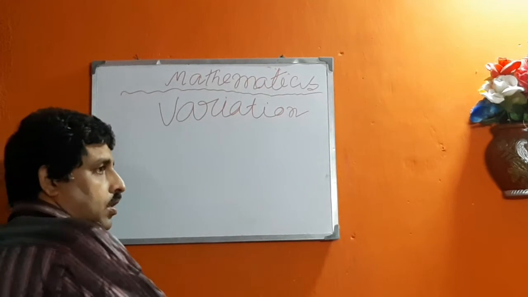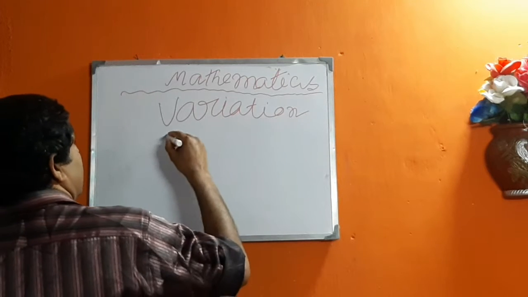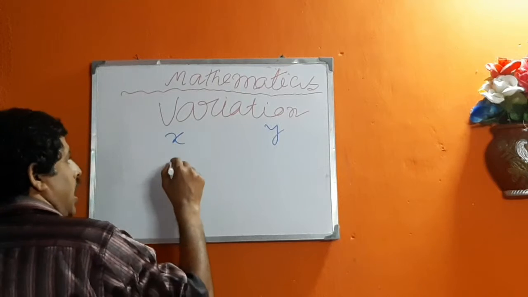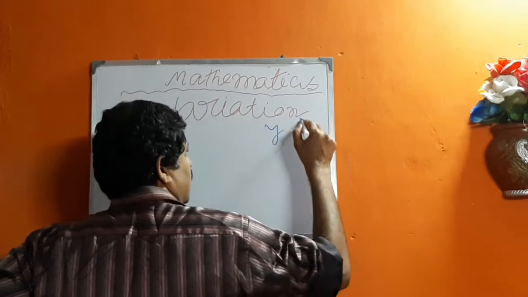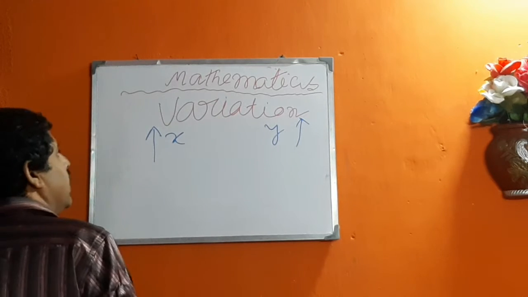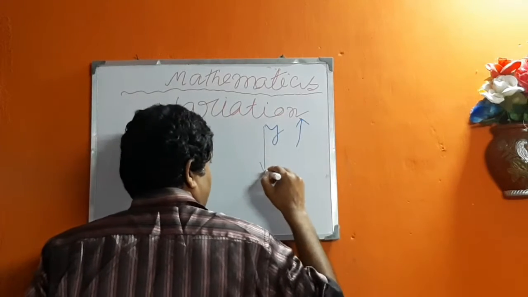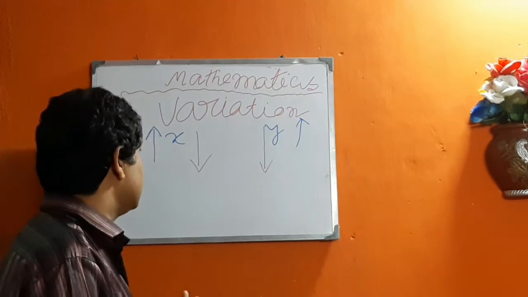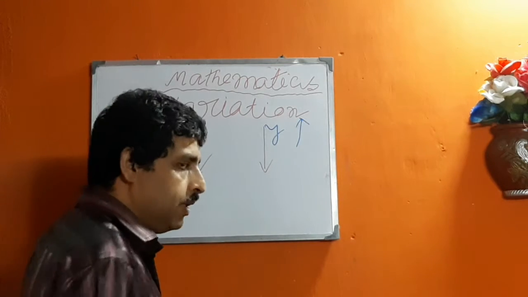That means if we take two quantities x and y, and if x increases causing an increase in y, similarly when x decreases causing a decrease in y, or any other changes, suppose this is increasing but this is decreasing, or this is decreasing, this is increasing, this may also happen.